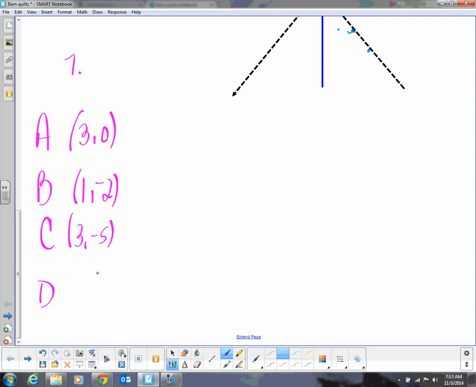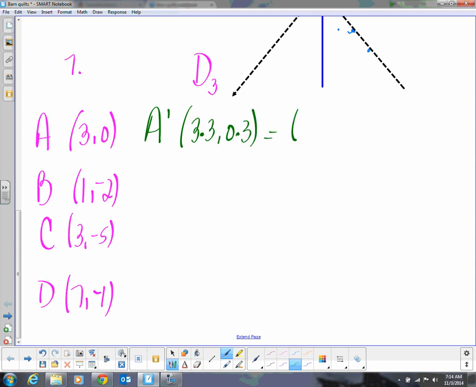Looks like 7, -1. Okay, how do we do a dilation whose scale factor is 3? Multiply every x and every y by 3. So you're going to get 9, 0. Then B prime is 3 times 1 and 3 times -2, which is 3, -6.